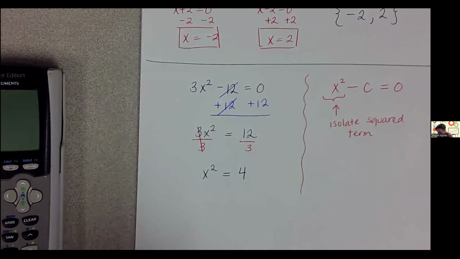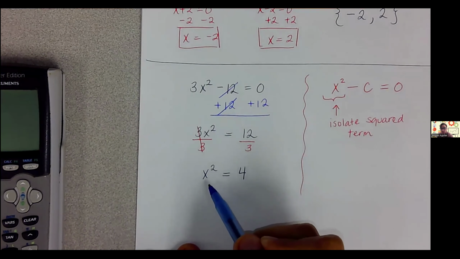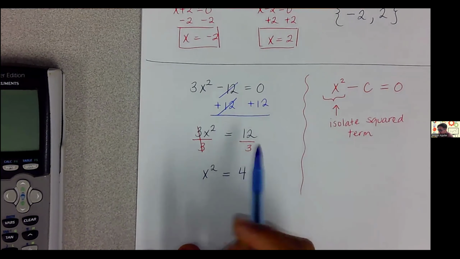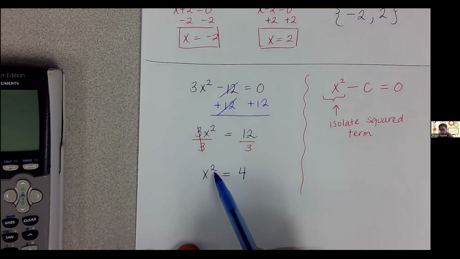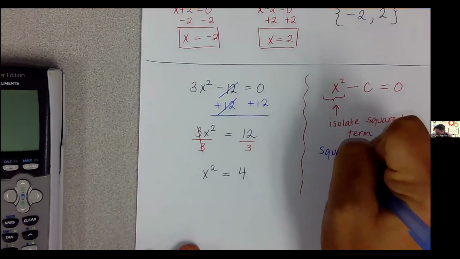So what you need to be thinking about is that there's something we can do to cancel out this second power. If you recall our video on simplifying radicals, I mentioned that the second power and the square root are opposite operations.